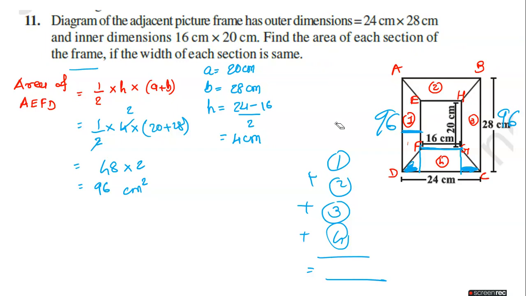If you write more than what is asked, it's called overwriting, and for overwriting marks will not be cut. Here, find the area of each section is written. So if you find the first section this much, second section this much, third, fourth, then also it's okay. And if you are adding these four, then also it's good. Both are correct.